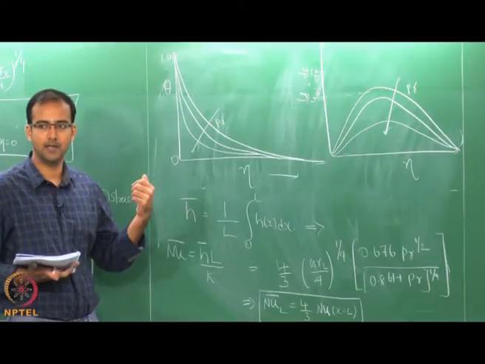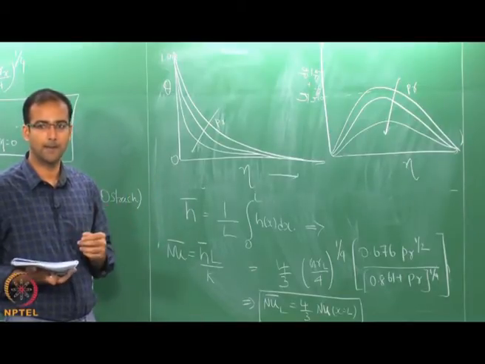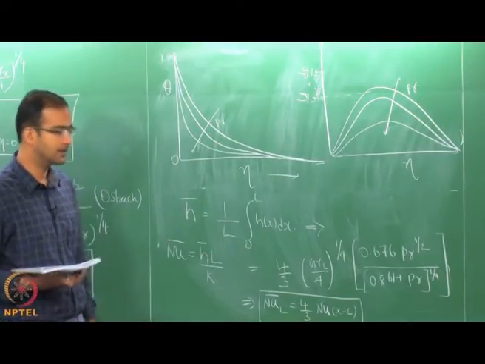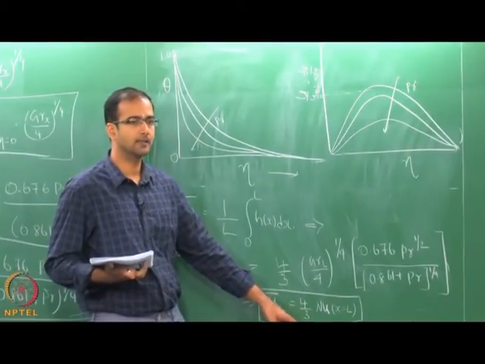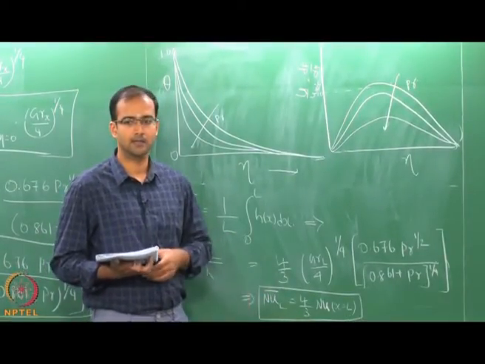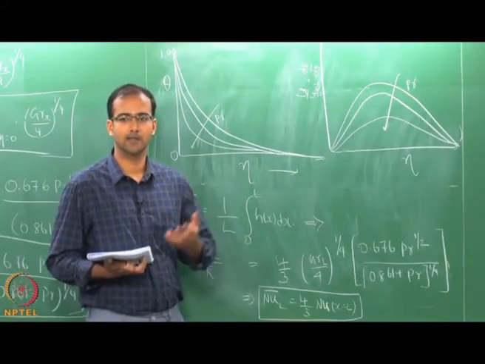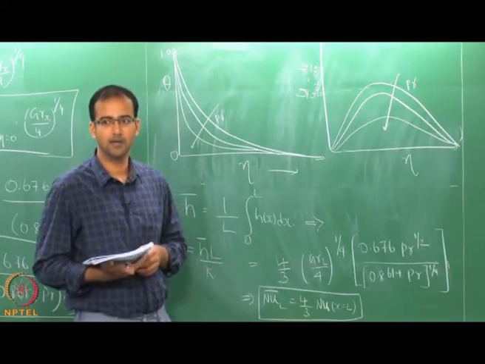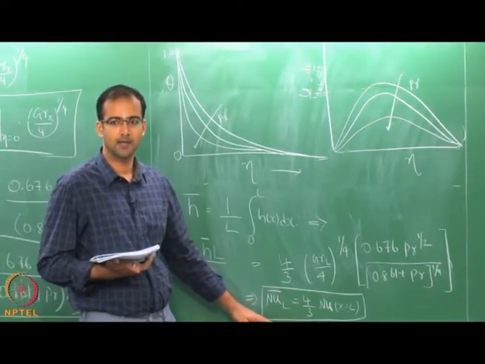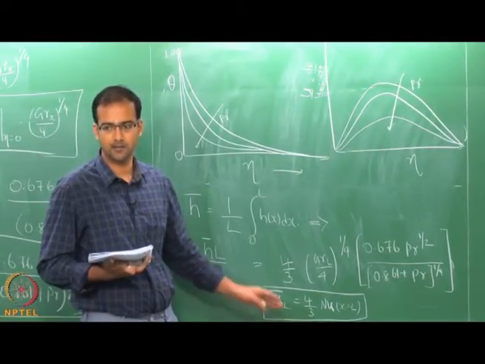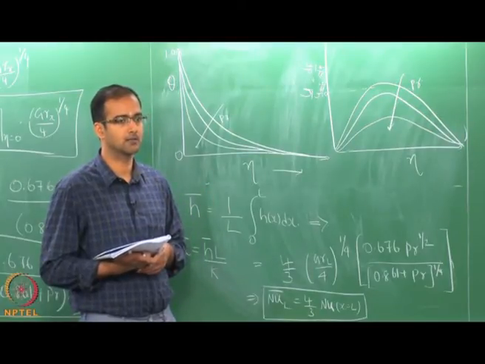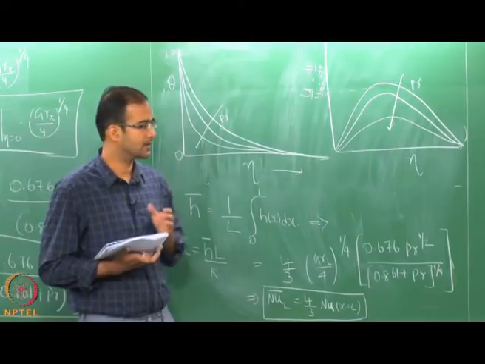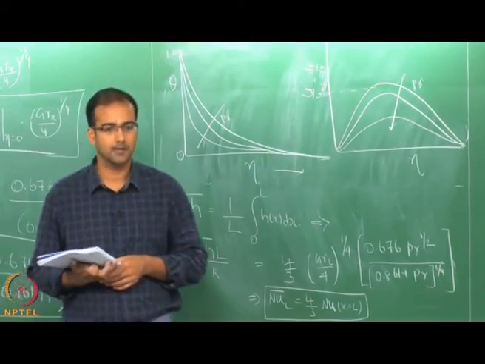After you evaluate the integral, you will convert all your x into L. So, the Grashof number will be defined based on the plate length, and therefore, you will get the expression that the average Nusselt number will be 4 by 3 times the local Nusselt number when your x is replaced with L. Okay. So, this is another useful relation that you can use when you are doing calculations for heat transfer rate and so on, where you define your heat transfer coefficient based on the entire plate length.